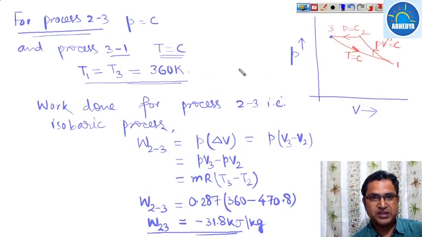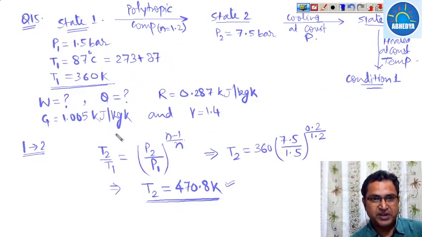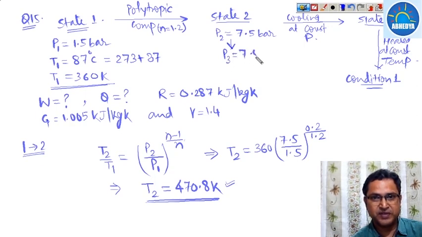So P3 is nothing but 7.5, which is equal to P2. This is also equal to P3, 7.5 bar, and P1 is 1.5 bar.